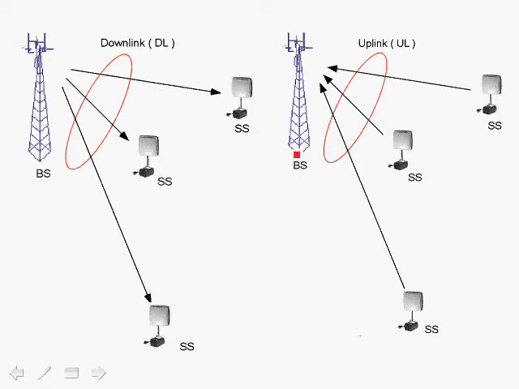And that gap we'll discuss is referred to as TTG, which is a transmit to receive transition gap. Also, there's a gap between which the subscribers go from a transmit mode to receive mode before the base station initiates another downlink.